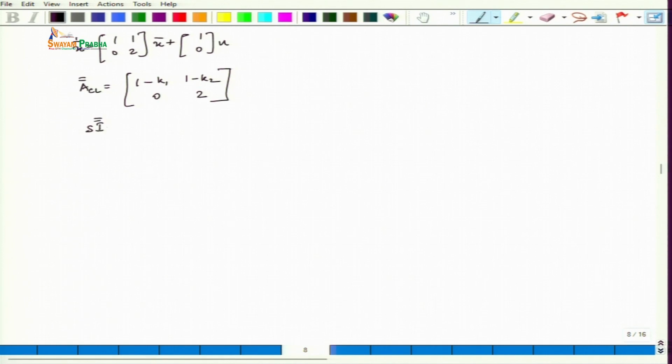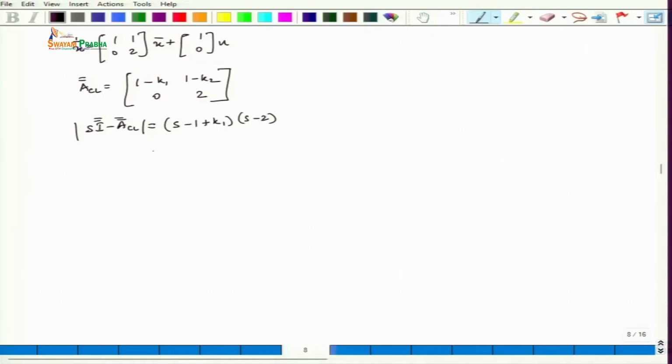So if we try to find the eigenvalues, what we will get is (s minus 1 plus k1) into (s minus 2). As you can see here, one root will be always fixed at 2.